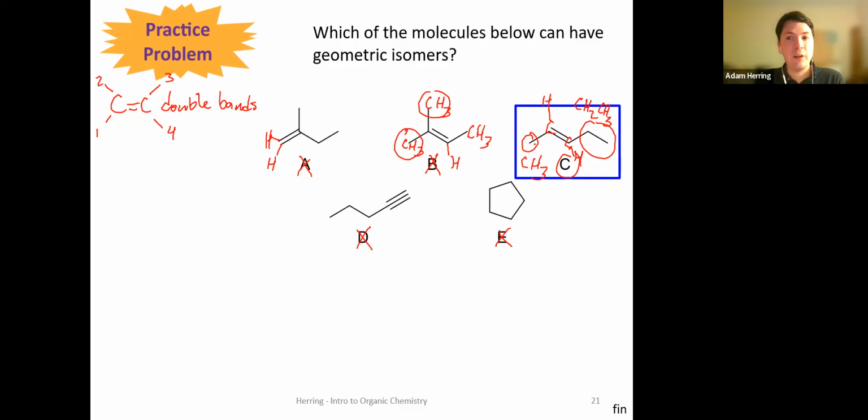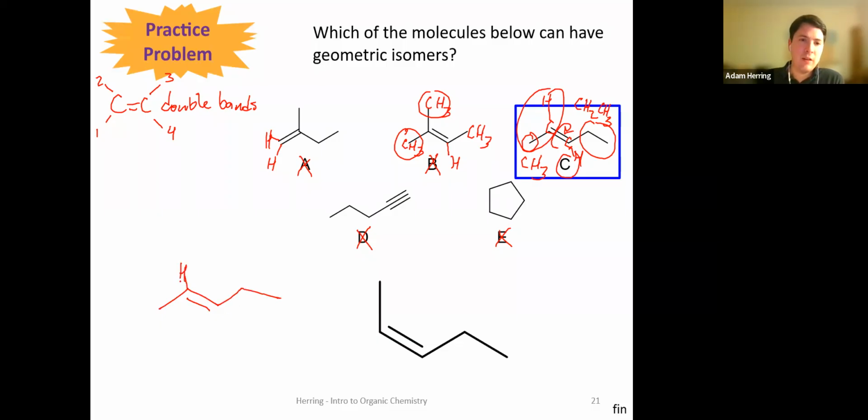If we wanted to identify what its geometric isomer was, we would essentially rotate around that bond or swap the positions of any 2 of these groups. So you can see here what was this molecule, we've now taken the hydrogen and the CH3 group and we've swapped their locations. The CH3 is here and the hydrogen is there. And therefore, that's its geometric isomer.